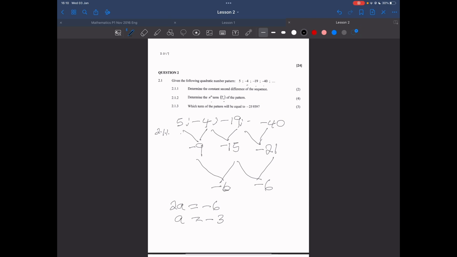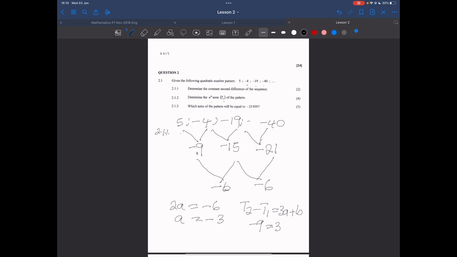Remember we said that if we take term 2 and subtract term 1, this will give us 3A plus B. And term 2 minus term 1, we have already done the subtraction here, so it's negative 9.